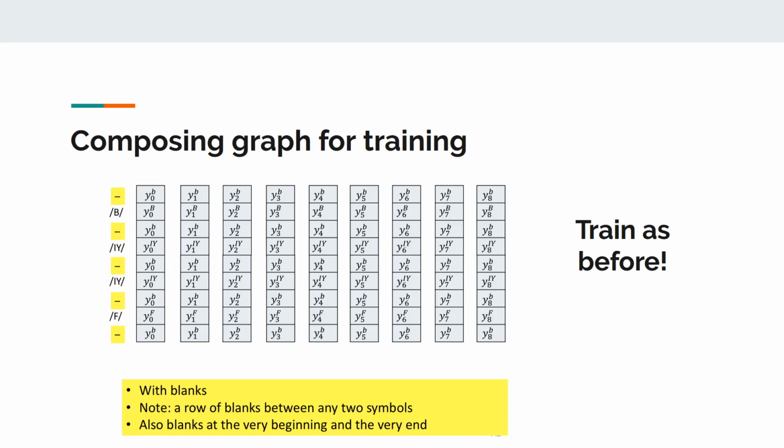This is because in the output symbol sequence, you could predict a sequence of blanks between any two characters or at the very beginning and end, and these rows are to provide for such scenarios. And then you train just as before using the Viterbi algorithm or the forward-backward algorithm.